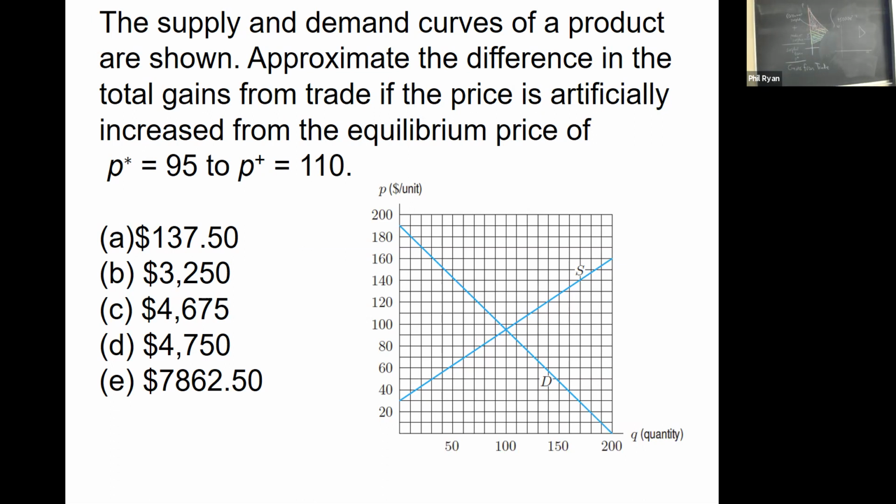So if the price is 110, how much is the demand? How much quantity is exchanged in the market? You want to read that? 80.